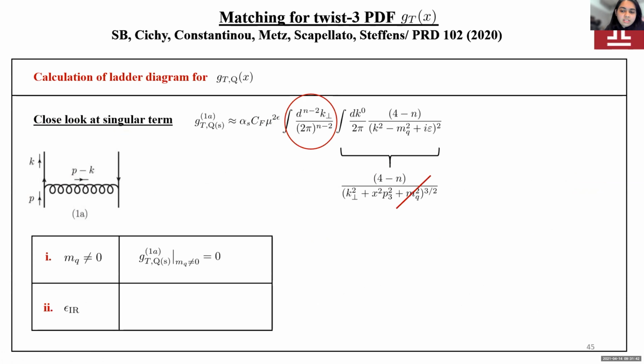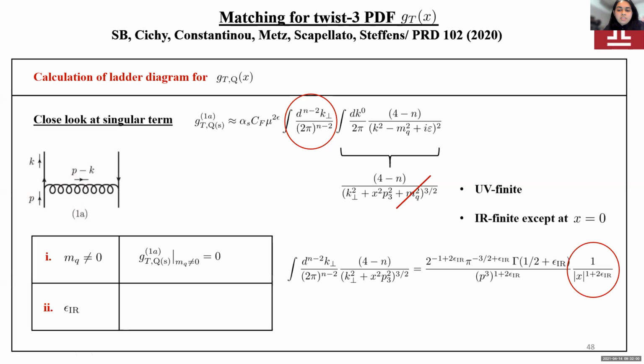But now if you set the quark mass equal to 0 right from the start, then for the UV part of this k perp integral, once again, you're fine. However, you run into an infrared divergence at the point x equal to 0 when k perp goes to 0. So what we did is to isolate a region around x equal to 0, switch on dim reg, and we get a result which is proportional to 1 divided by modulus of x, whose power is a bit deformed from 1.